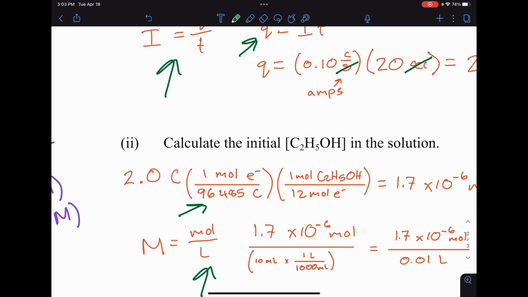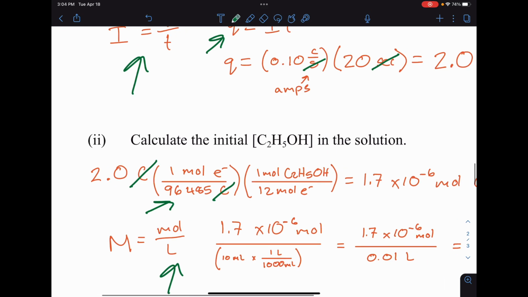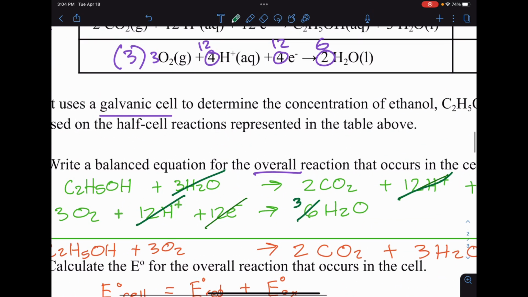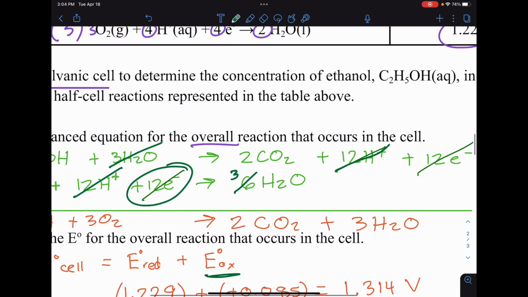So we've got 2 coulombs, right, from the previous part. Let's go ahead and put Faraday's constant here so that we can cancel our coulombs, and that's per 1 mole of electrons. Well, let's look back at our original reaction here. We had 12 electrons that were being transferred in this original reaction.